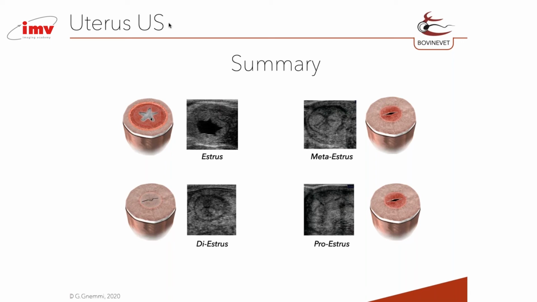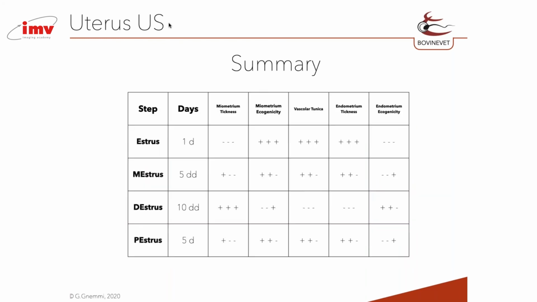And the endometrium reduces its thickness, so it becomes less thick, and in part absorbs, in part reflects the ultrasound, so it becomes more gray. So what happens is that during the luteal phase, myometrium and endometrium become very similar in thickness and in echogenicity.